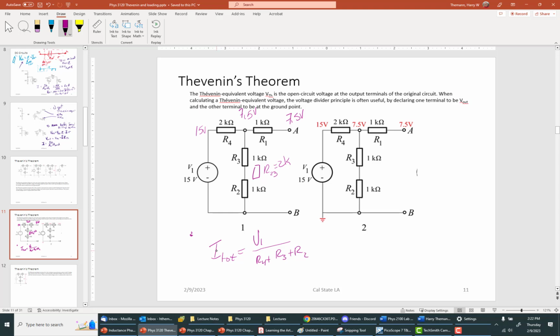But when I measure at A, some people wonder why it's still 7.5 volts with R1 there. And again, the answer is that we're assuming our voltmeter has infinite input resistance, or input impedance. Even with 1K resistors, our digital voltmeter has an input resistance of 10 megaohms, so it's very high.